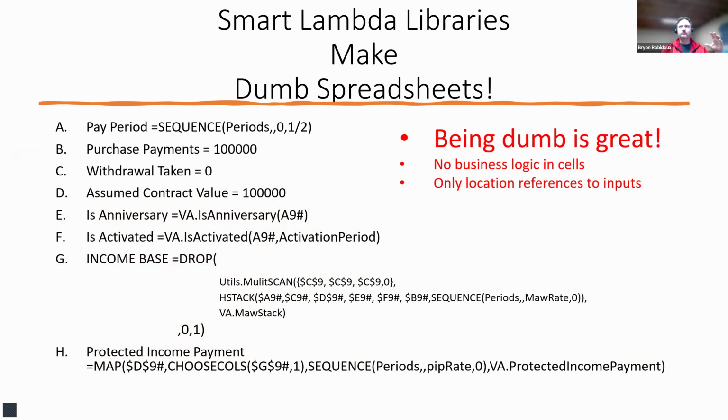All you're really doing is just saying, where is the location of my inputs? And then I plop it into my function and I get out my result. So now you've separated the display of your results from the code that actually calculates them.